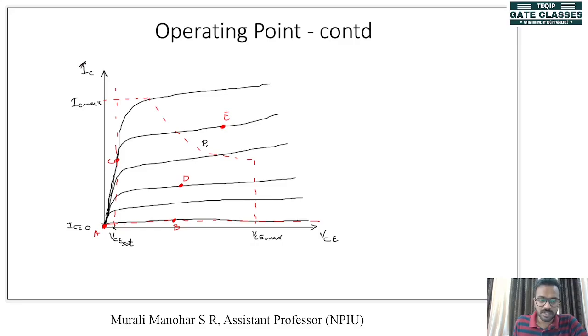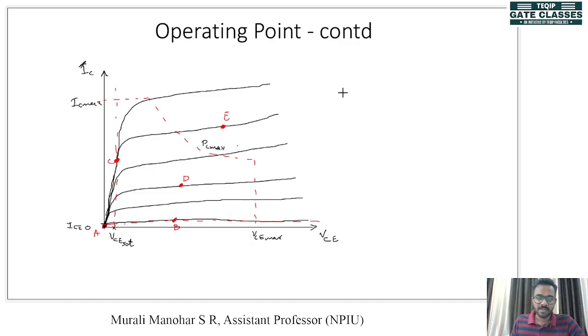So this is corresponding to PC max. Okay. Now I have also identified some operating points in this diagram. There is A, which is here, there is B, which is here, now there is C, which is here, D here, and E here.